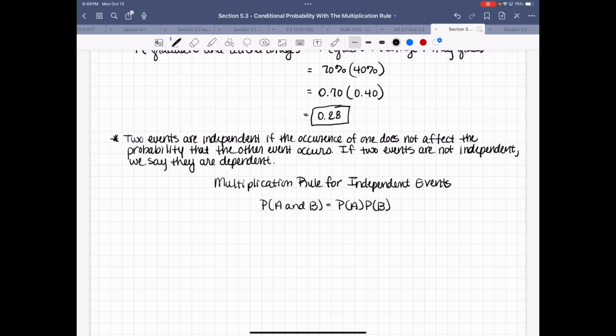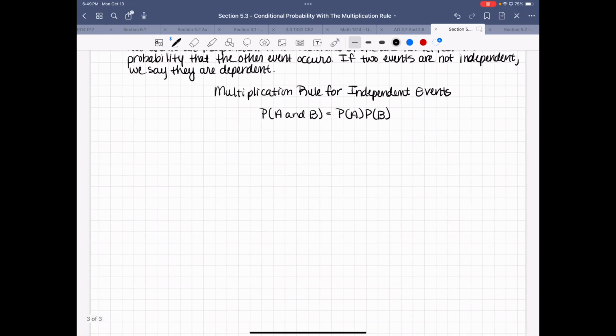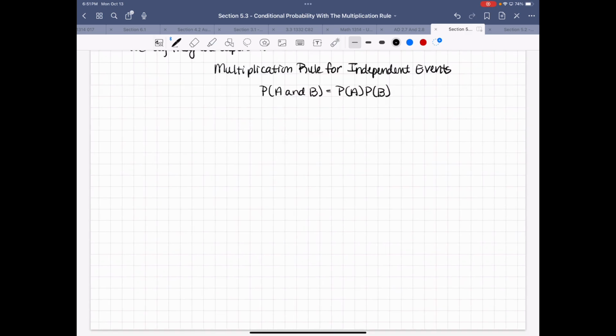But that's completely different. So then we have this strange little chart they give us. Does the occurrence of one event prevent the other event from happening?